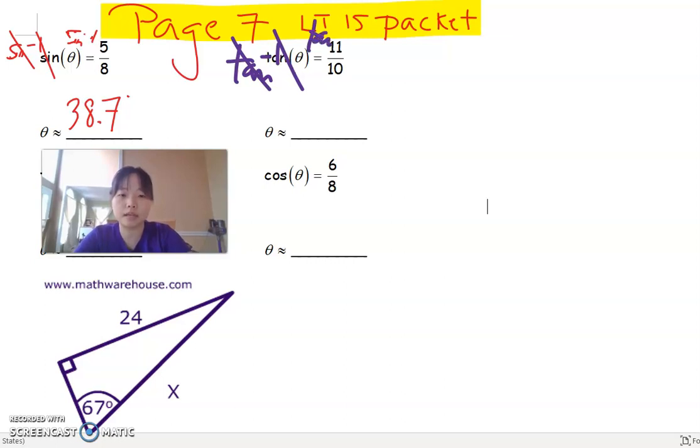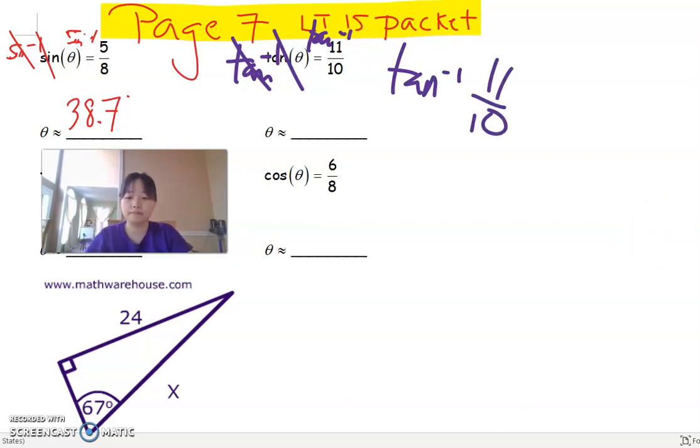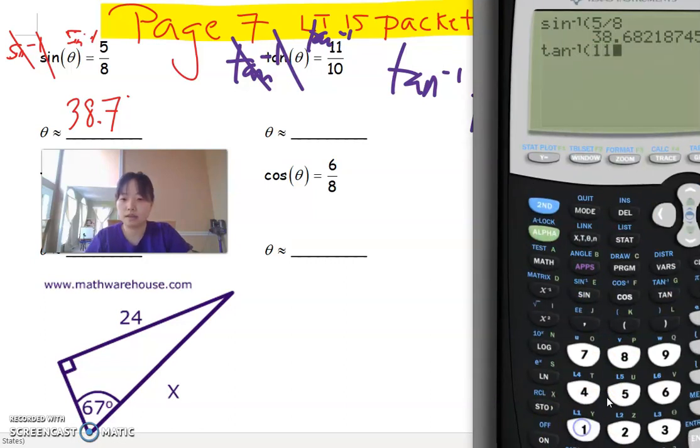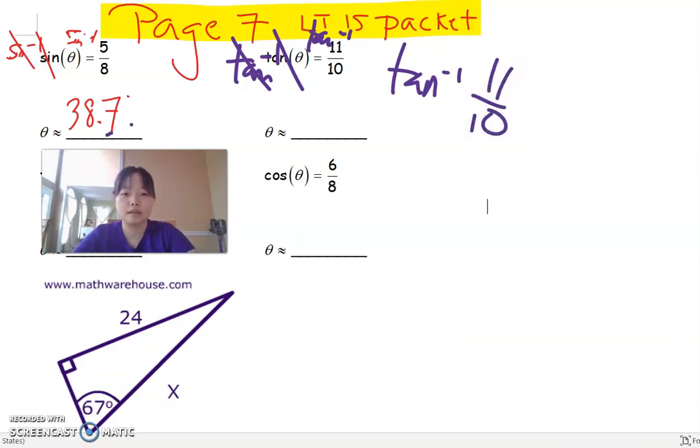So it's tangent -1 of 11 divided by 10. Enter. 47.7 degrees. All right, pause the video and then try the next two.